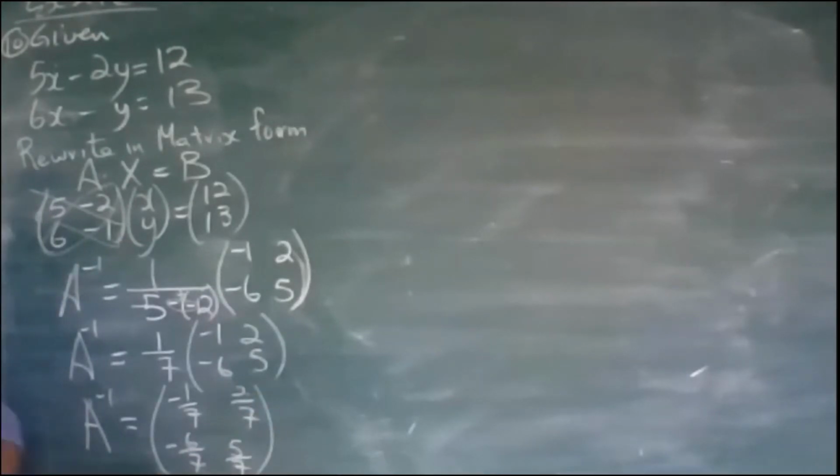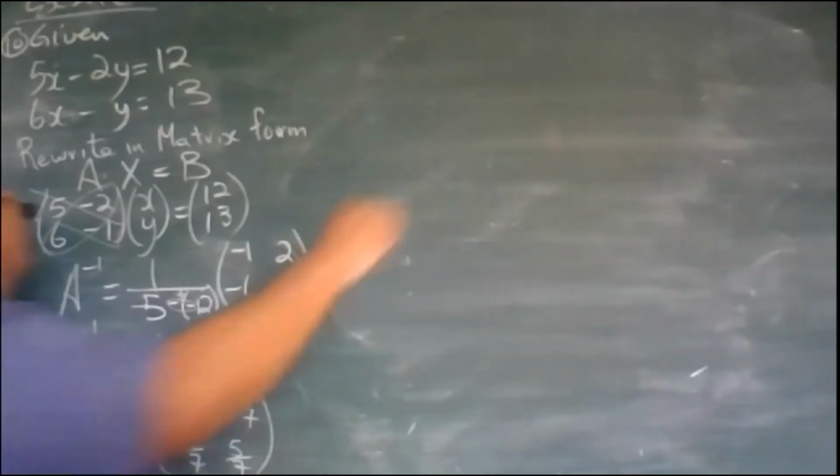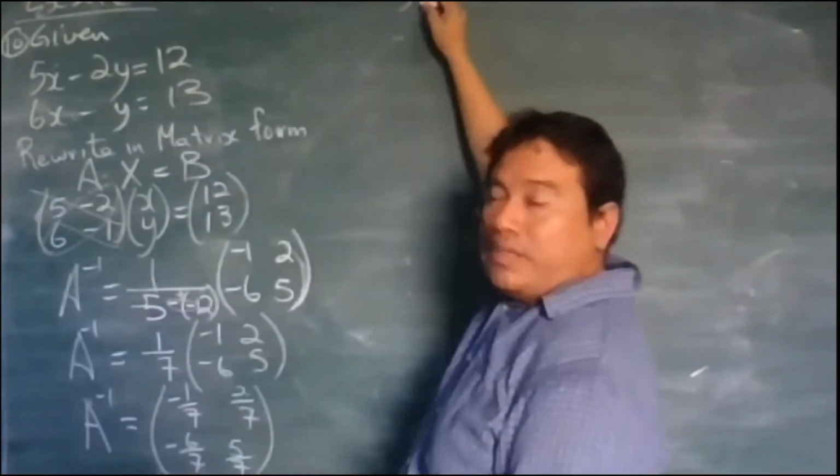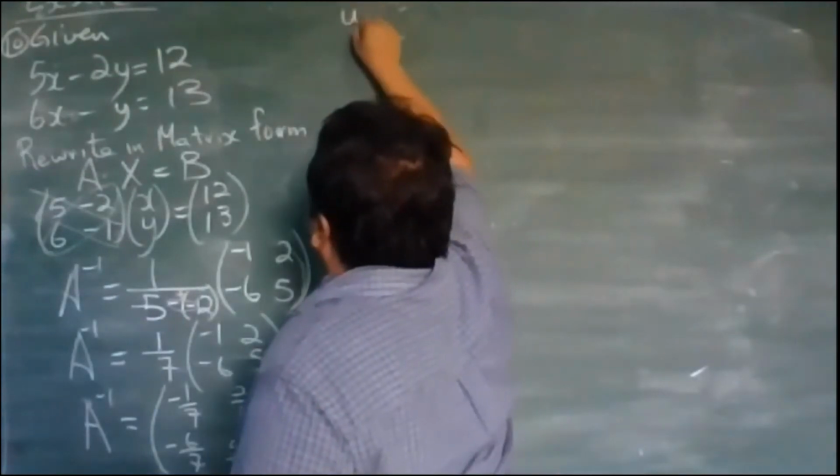That's my inverse. Okay? Any problems up to there? Questions? Remember, the determinant is only what is underneath. Right? Now, I'm going to be using, oh, sorry, went too far off.